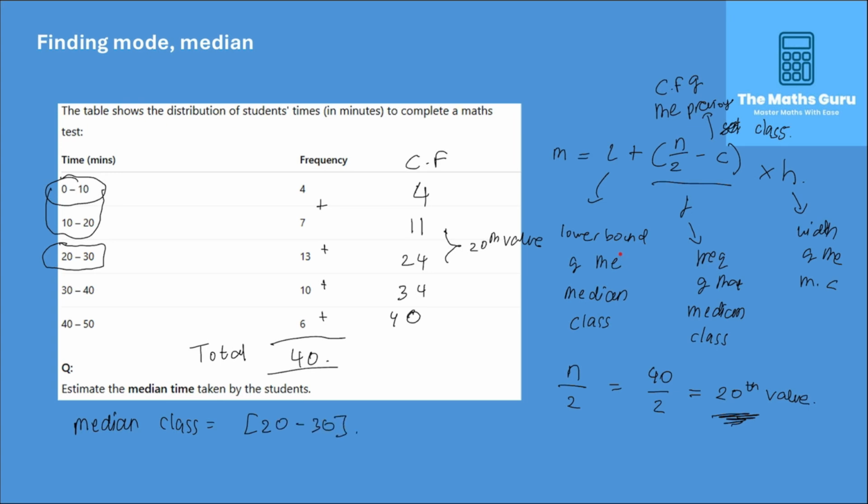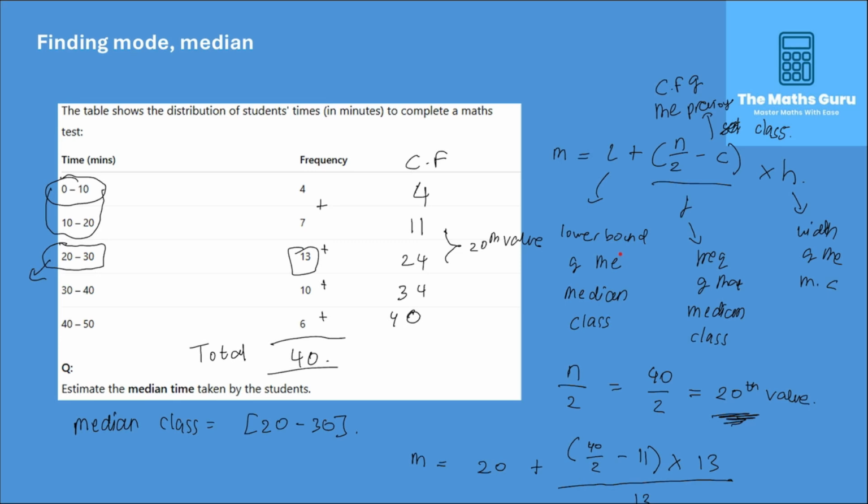Now we have this, we can work out our median of the set. So median equals L, the lower bound of our median class, which is 20 from here. Then we add n over 2, so 40 over 2, minus our c, which is the cumulative frequency of the previous one, which is going to be 11, times by our h, which is going to be the width of the class, which is 13, all divided by the frequency of our class, and our frequency is here, 13.